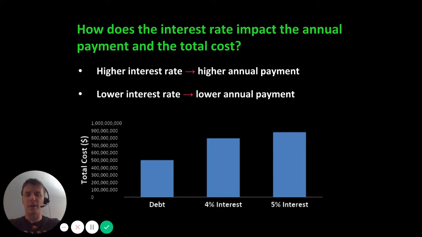And what we see at the bottom is a comparison between the actual amount of debt that they are acquiring to build this power plant, which is the capital cost of $500 million, and then the true cost of that power plant with a 4% interest rate and a 5% interest rate. And so you can see that the 5% interest rate increases the total cost of the power plant over the lifetime of the loan.